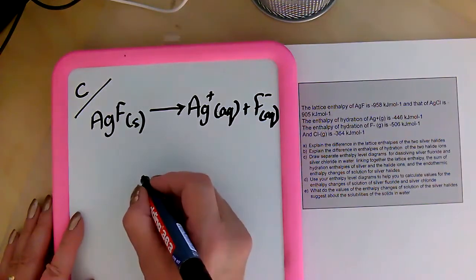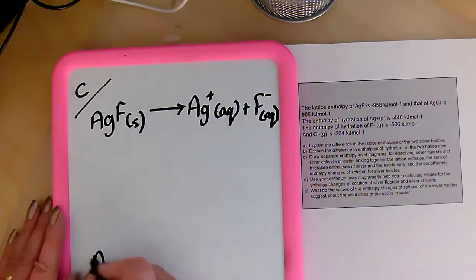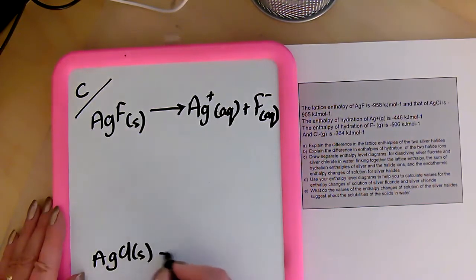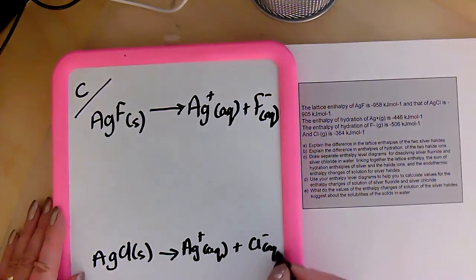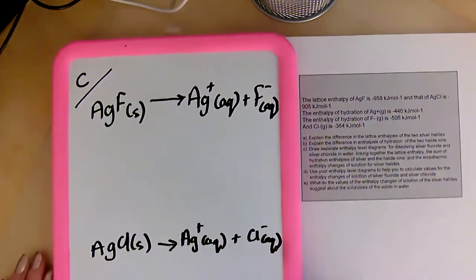We've also got the same with silver chloride, so I'll just replicate that underneath here. So silver ions and chloride ions. I'll just move that slightly.